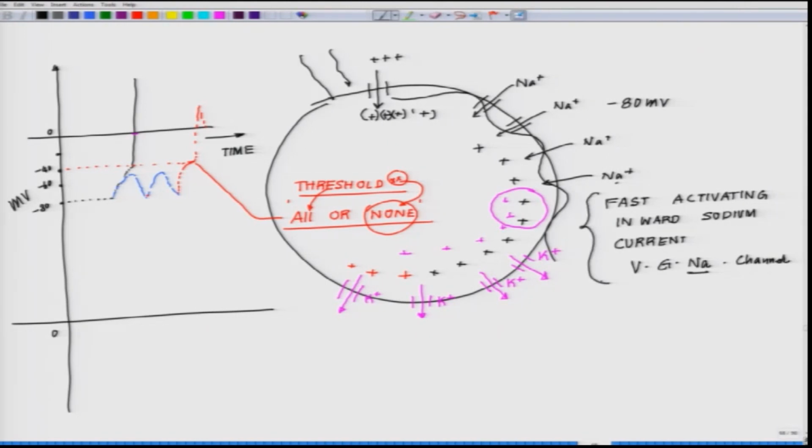Okay. Fast activating inward. Why is it called fast activating? Because if you follow this line, see the rise is very fast, it is really fast, like zoop, it moves in.